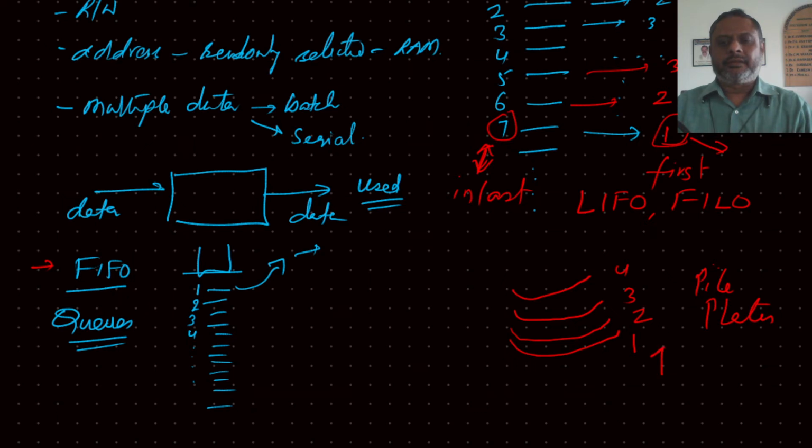So the first one is at the bottom, second one is above that, third one is above that, fourth one is above that. So the bottommost was the plate put first, and the topmost is the one which was placed last.